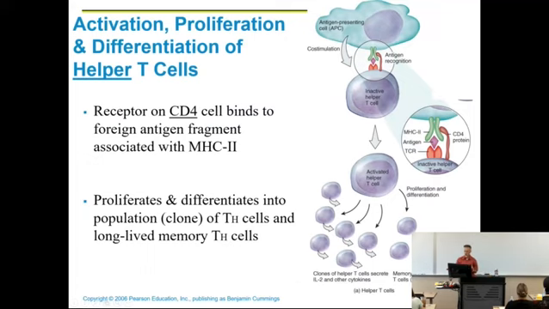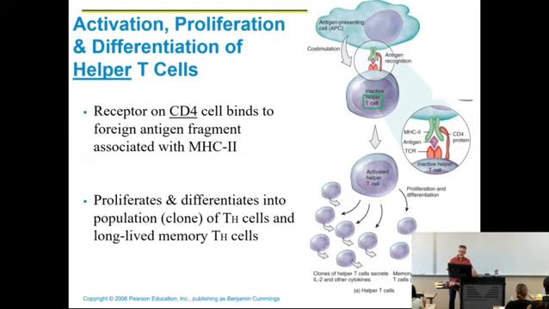Okay, so here we see an example of a helper T cell, that round cell down here. We have our helper T cell that is being presented with a foreign antigen. Now, how is that being presented to it? I'm going to circle that, square that, just to make sure we're understanding that's our helper T cell.